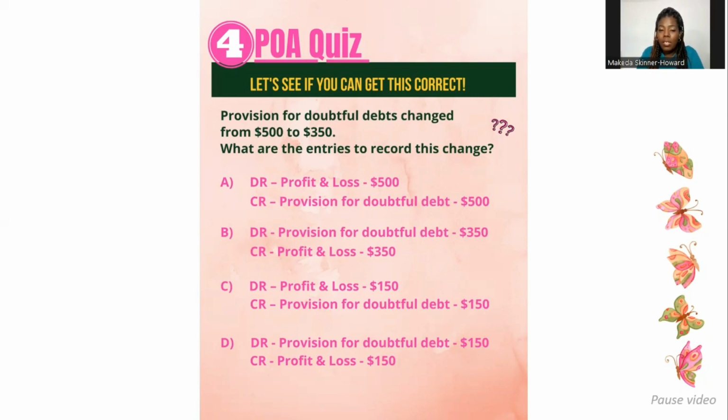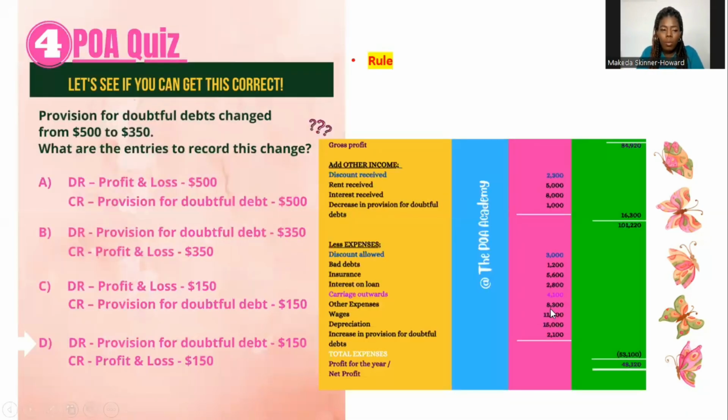Important information here. This is one of the things that always gives students some trouble, provision for doubtful debt. So if you look really closely at the extract from our income statement on the screen, you're going to see right after gross profit, we have add other income. So we have discount received, rent received, etc. And the last one we have on the list there is decrease in provision for doubtful debt, right where my cursor is moving.